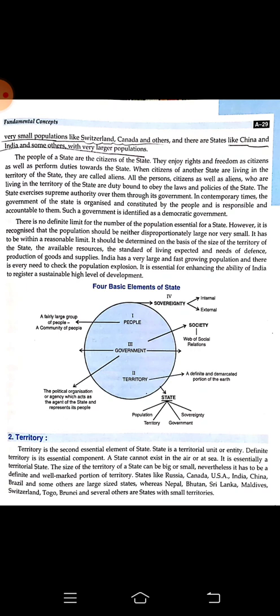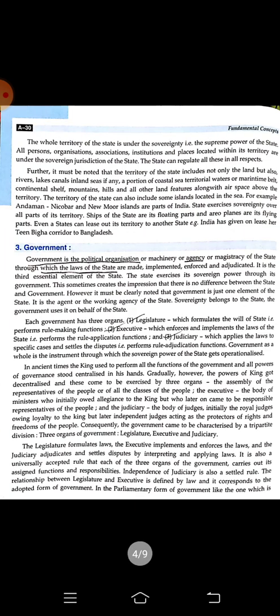The size of the territory of a state can be big or small. Big states like Russia, USA, Canada, India, China, all these are very big. Then there are a few small states like Sri Lanka, Nepal, Bhutan, Maldives, Switzerland. Their territory is small, but they have a territory. The whole territory of the state is under the sovereignty, that is the supreme power, of the state.